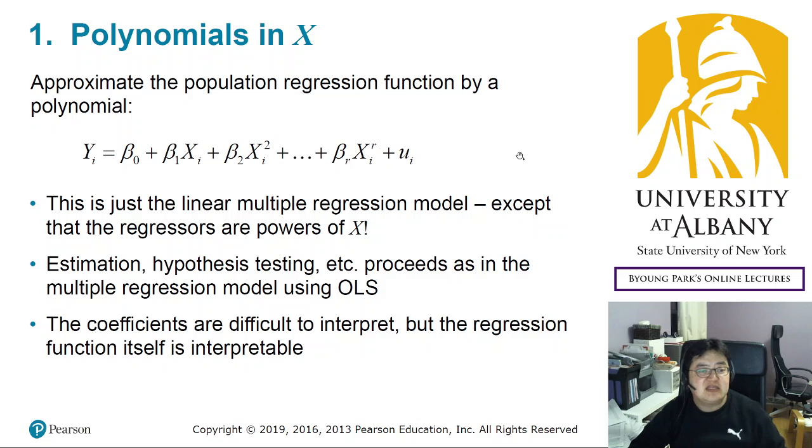And it is quite similar to the multiple regressor case, say x1, x2, xr. Of course, x2 is now x squared, and xr is now x to the exponent of r. But it's no problem because if you have data on x, think about an Excel spreadsheet, you have x, and then you can define x squared on the next column and x to the exponent of 3 on the next.